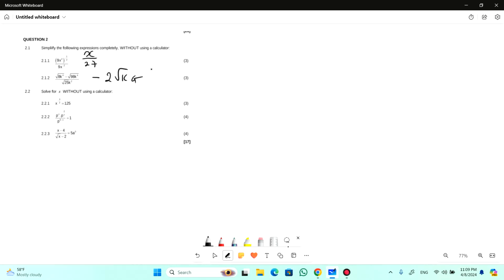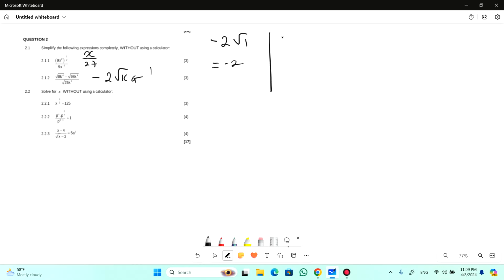Let's say k is equal to 1 to make it simpler. So there I'll have negative square root of 2 times 1. The square root of 1 is 1, and 1 times negative 2 is negative 2. So when I plug in 1 in place of k in the original expression, I should also get negative 2.